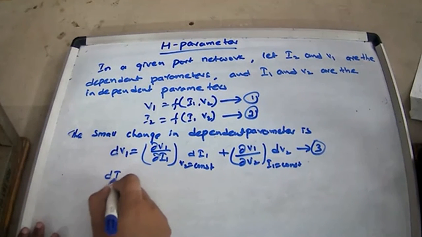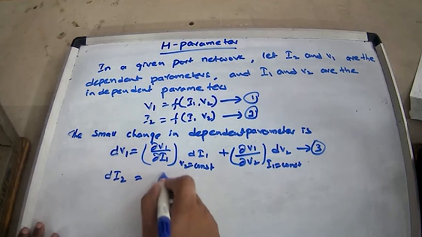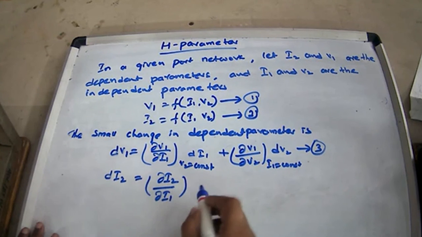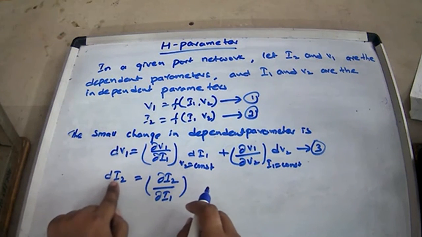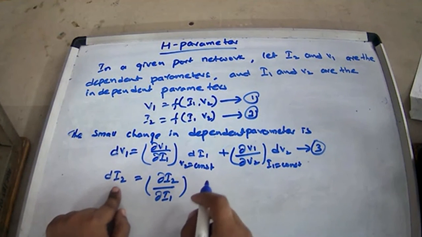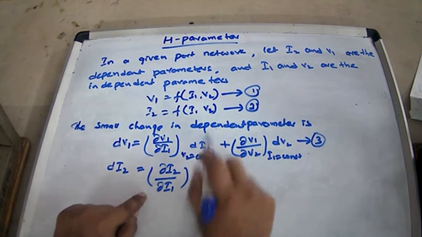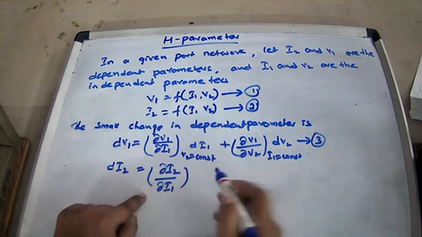So here it will be dI2 is equal to dou I2 divided by dou I1, because we are writing for I2 here. I2 is the dependent parameter, so all the numerators will be I2. Denominators will be the values I1 and V2.